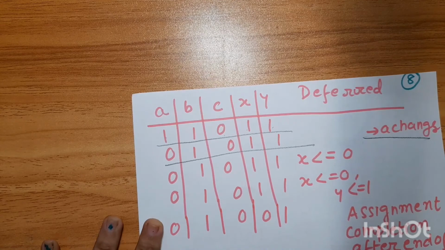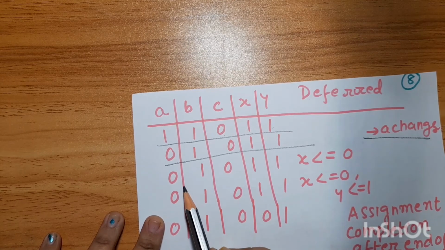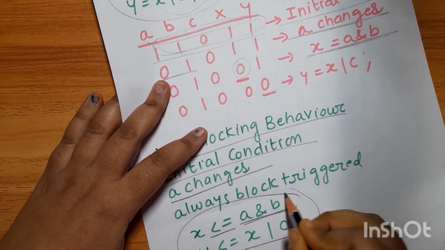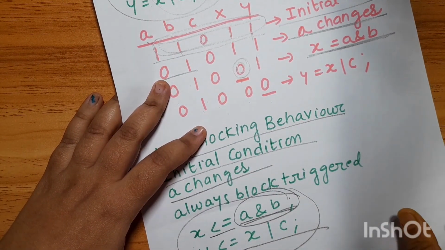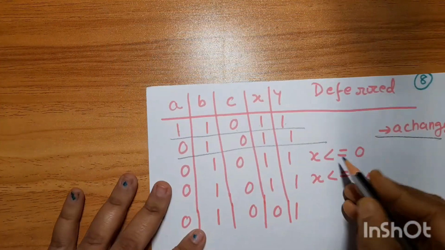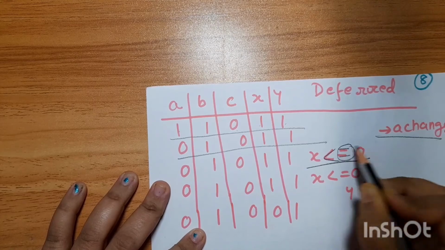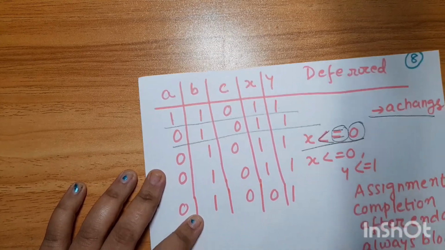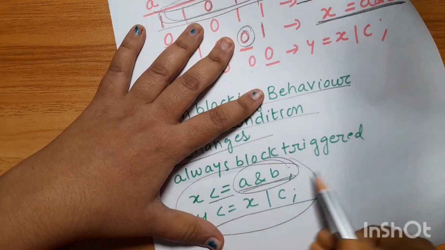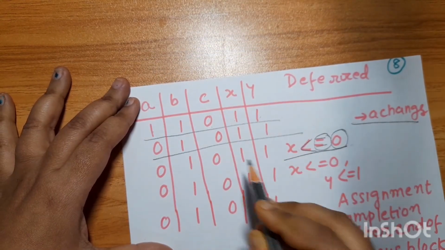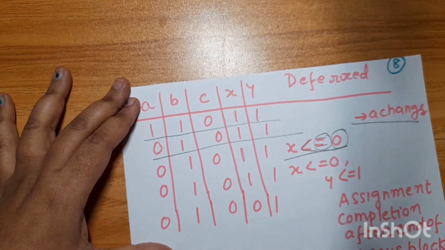So after the always block is triggered, what is the value? X is equal to A and B. A and B is evaluated but not assigned. The value 0 is evaluated for A and B, but it has not been assigned to X. So X will get the value 1 only.